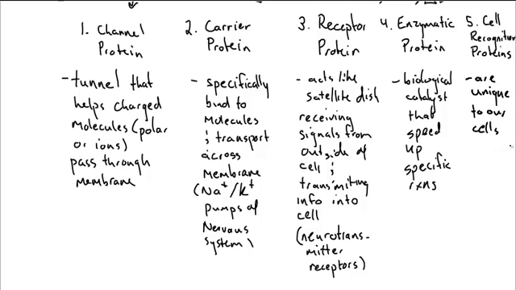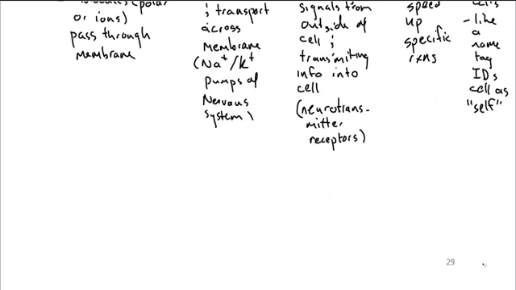Anything that comes in without that name tag is determined to be foreign, and your immune system tries to attack it and shut it down. Name tag: IDs cell as cell. Something comes in with the wrong tag, the system attacks.